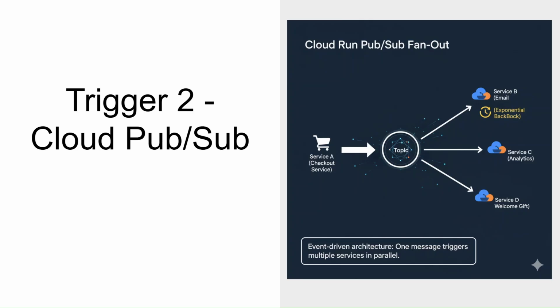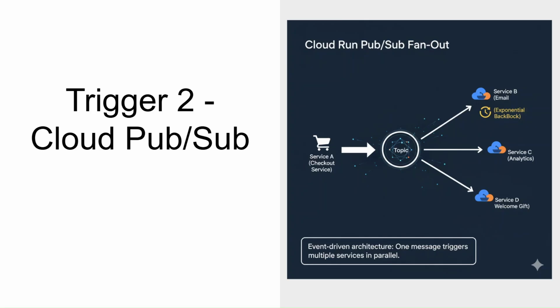It allows you to create a topic which you can have subscribers to, and those subscribers can then receive messages from that topic. And this allows you to decouple your services. So it is a very good architecture when it comes to microservices.